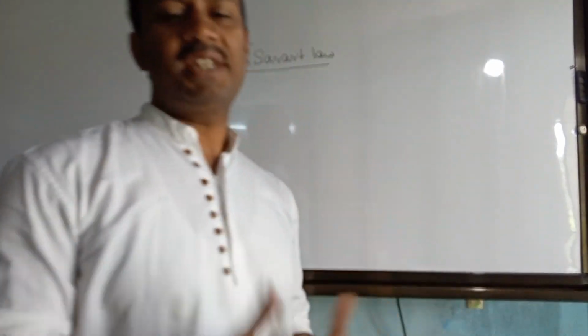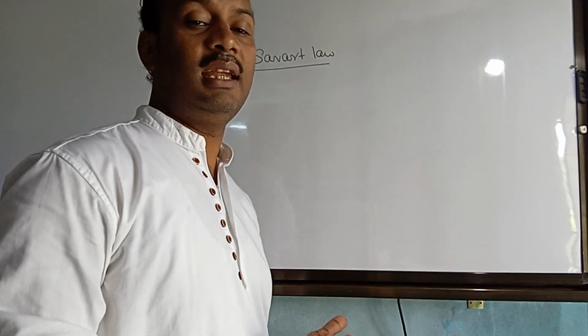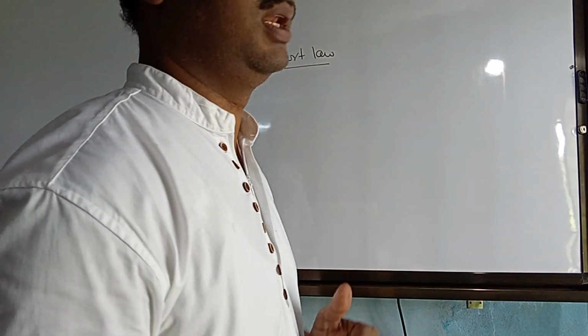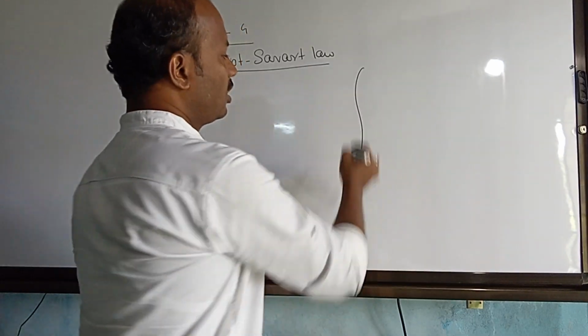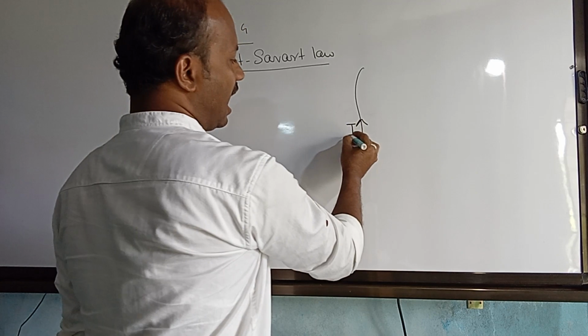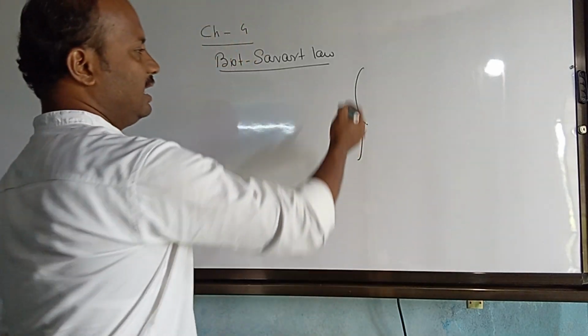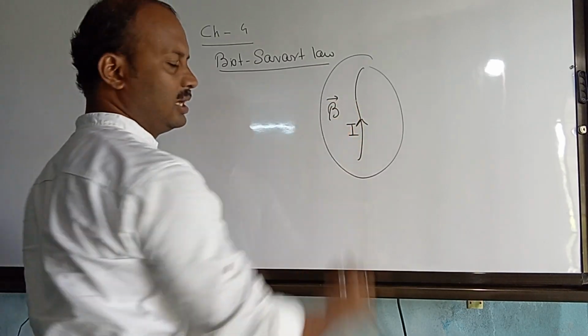From Oersted's experiment, we know that a current carrying conductor can produce a magnetic field. Okay? We take a conductor. When current I passes through the conductor, then this conductor forms a magnetic field.